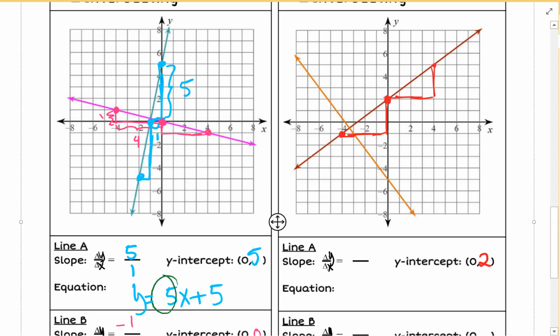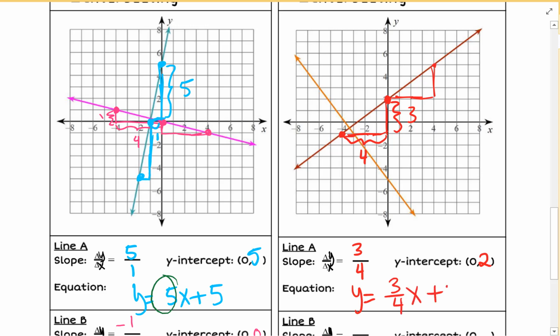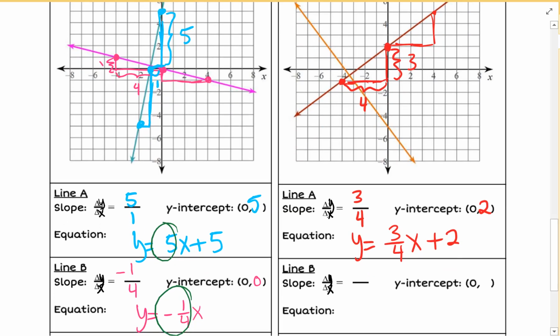Otherwise, you're not finding the points correctly. So delta y is 3, delta x is 4. And as we look at this line from left to right, it is increasing, so our slope should be positive 3 over 4. Y equals 3 over 4x plus 2.